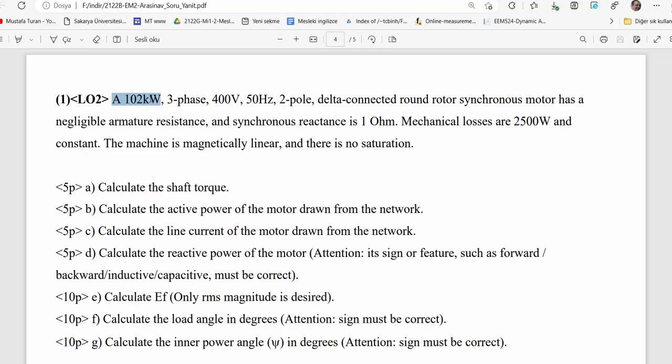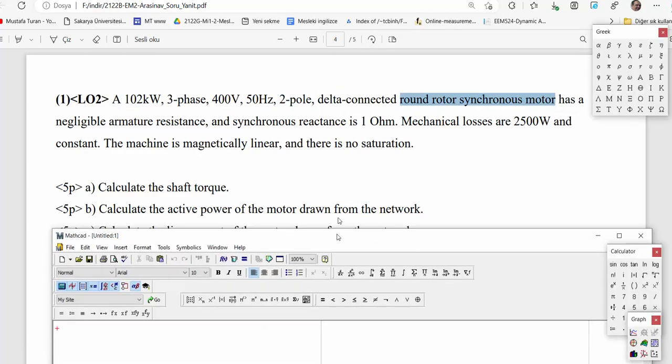102 kilowatts, 3-phase, 400 volts, 50 Hz, 2-pole, delta connected round rotor synchronous motor. Okay, let's take notes.